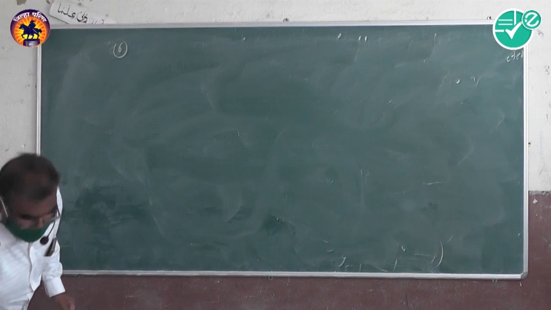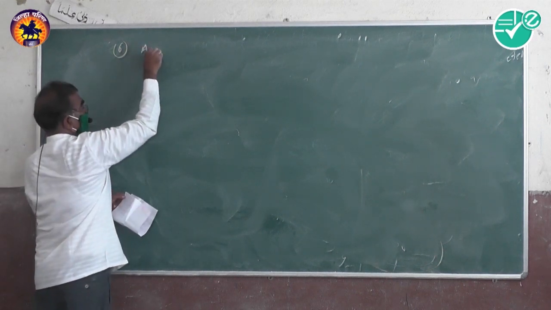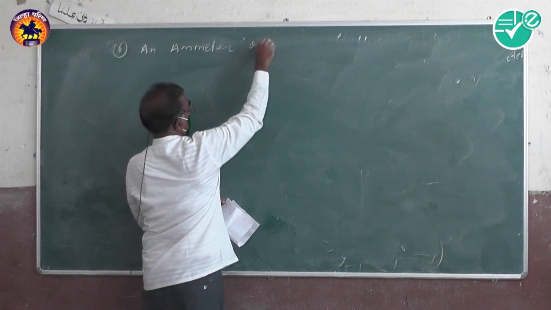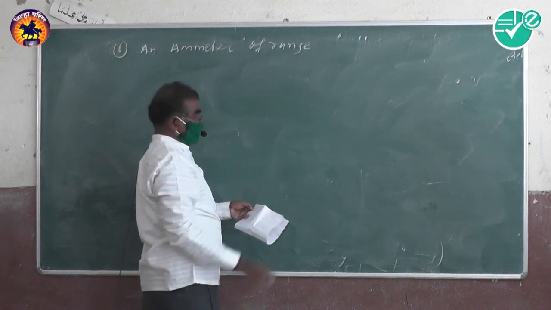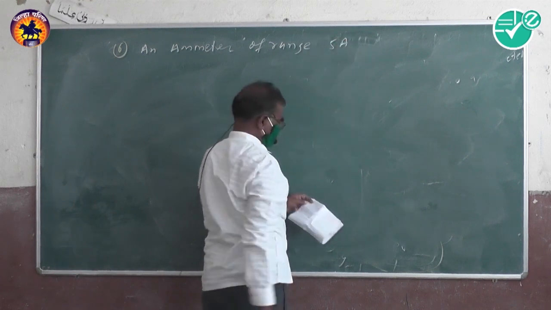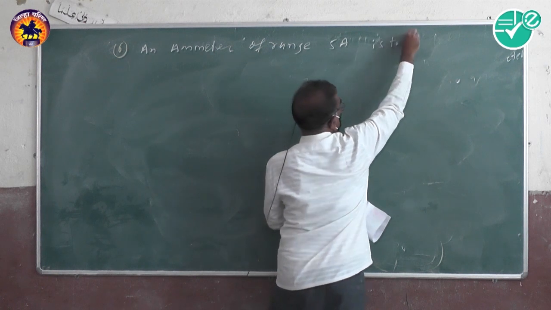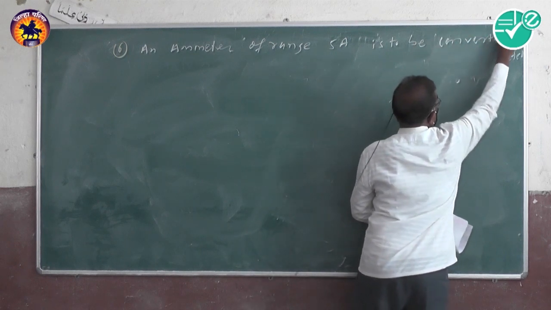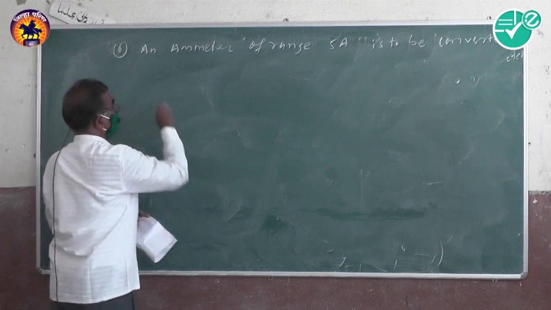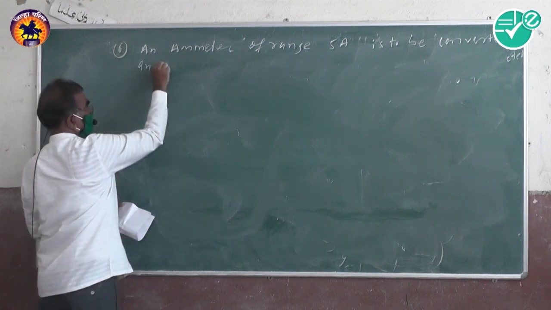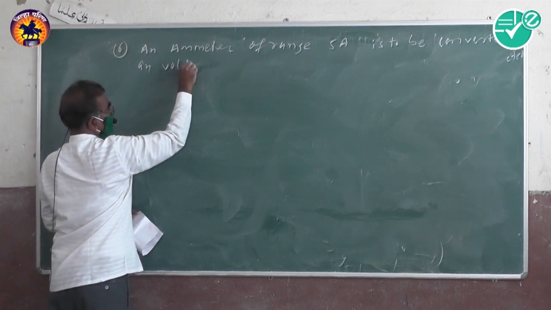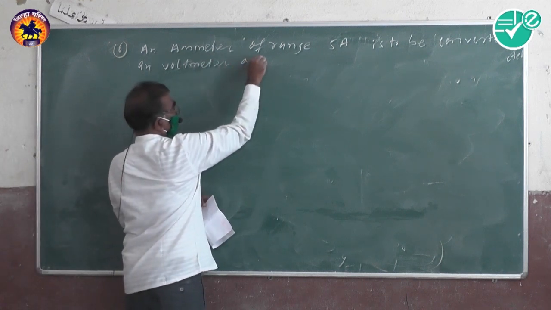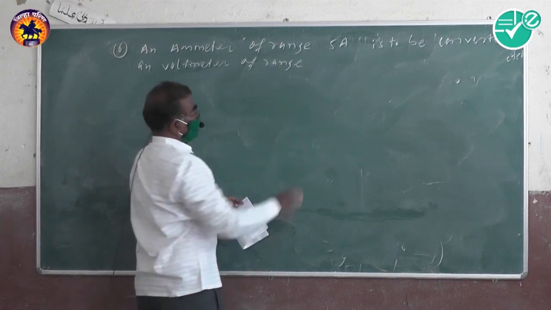Problem number 6: an ammeter of range 5 ampere is to be converted into a voltmeter of range 10 volt.